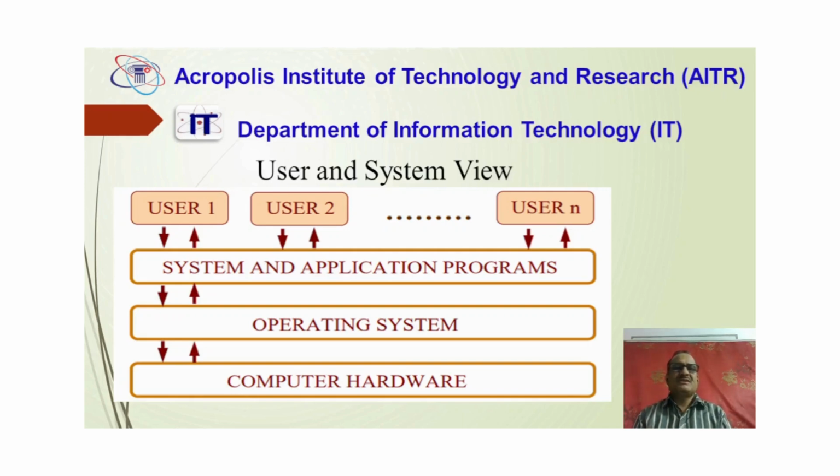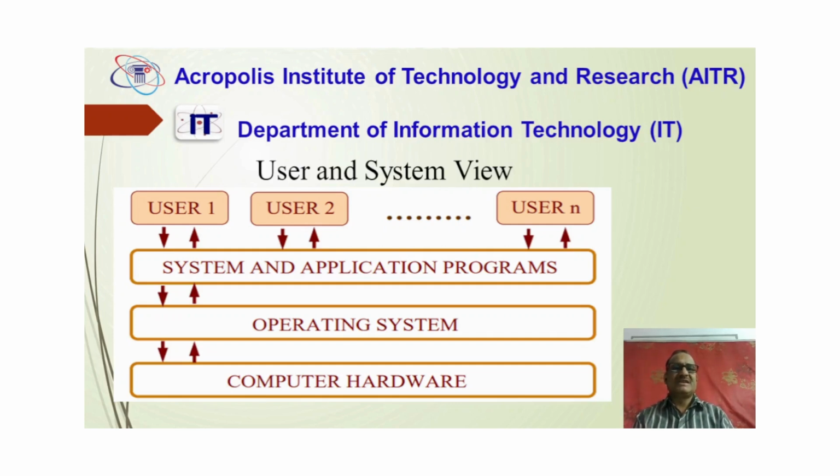So this is the view of operating system, where it sits, where it actually works. At the topmost layer, or we can say at the upper layer, there are so many users who are going to access or use the computer hardware. User basically uses the application programs, it executes the application programs, it uses the system programs, it executes and processes the system programs.